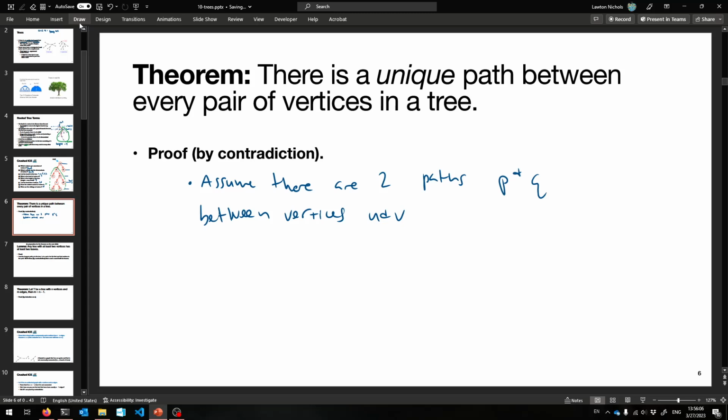All right. So what does that mean? So here's U, here's V, and I'm saying that there's a path P to get there, and there's a path Q to get there. They don't have to look like this. They could share some pieces.